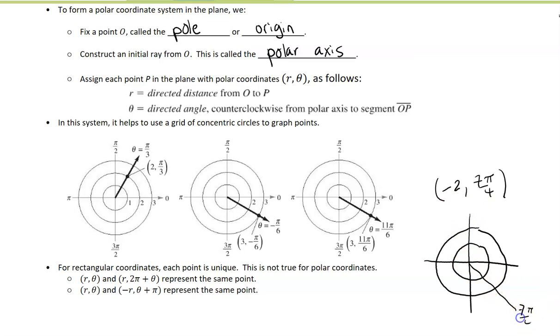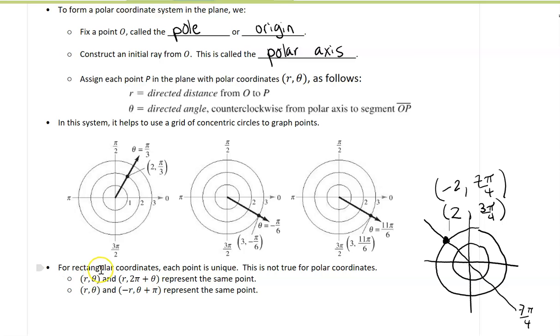So this is 7π/4. I would actually want to go in the opposite direction of that angle and count 2 units that way. Now this same point could also be represented by using the angle 3π/4 and counting toward 3π/4 in the positive direction 2 units. So we have two different representations of the same point.